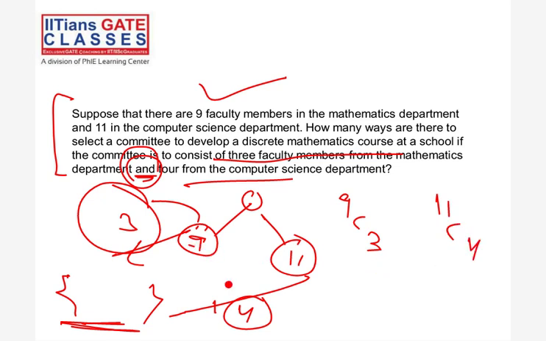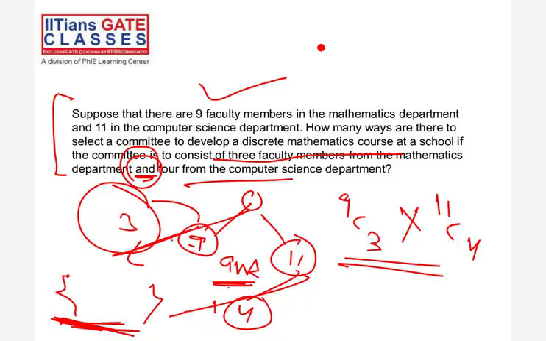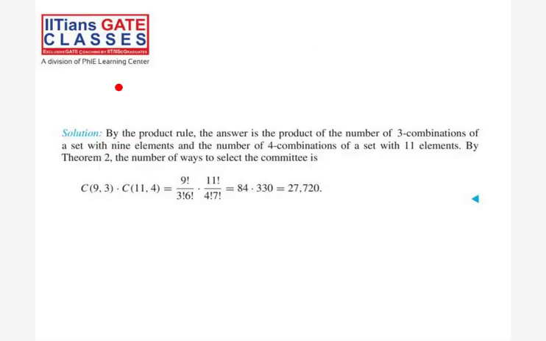Remember that you need to complete both tasks to complete the formation of a committee. So you have to complete this task and this task, and because of that, by the product rule we get this as the answer. Okay, so you have already solved it. So this is the answer, you can refer to it.